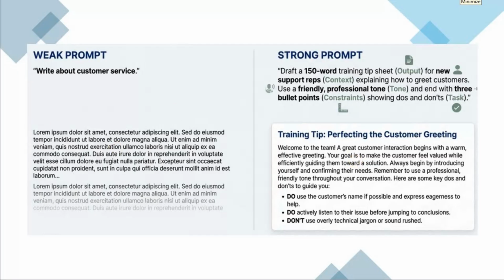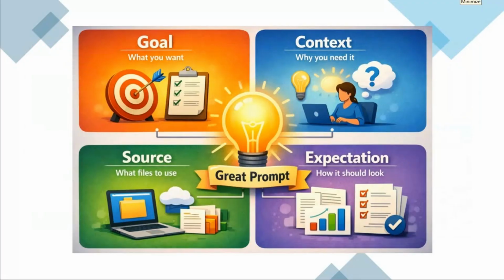Moving on, if we speak of the four pillars, the first one is the goal, that is what you want, and the second one is the context, like why you need it, and the third one is the source, like what files to use, and then the fourth one is expectation, like how it should look.